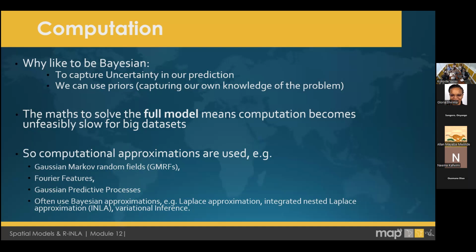So why do we want our model to be Bayesian? As Gloria mentioned before, Bayesian allows you prediction, meaning that after the fitting, your parameters do not have one value, but you can have a sample of your parameters.